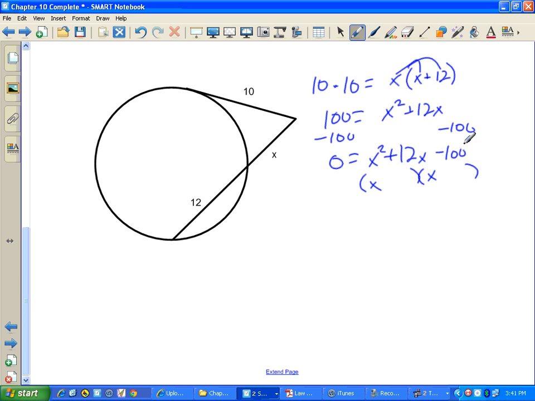Let's see, how do I get 10? Well, I could do 10 and 10, but that's not going to get me 12 when I add them up. I could do 20 and 5, but that's not going to get me 12. How about 4 and 25? That's not going to get me there.